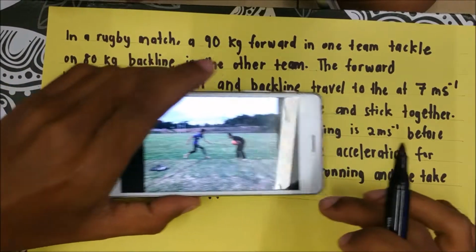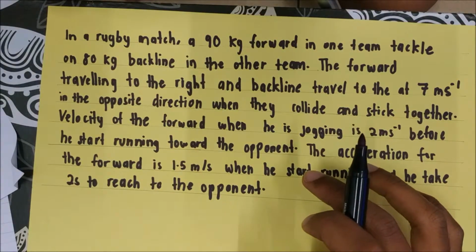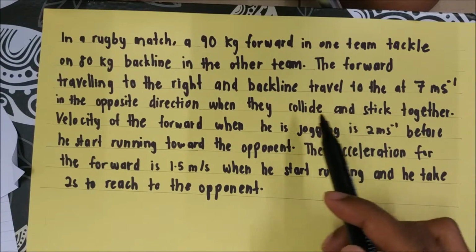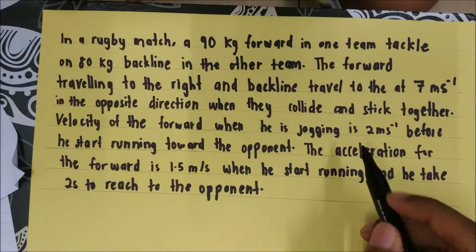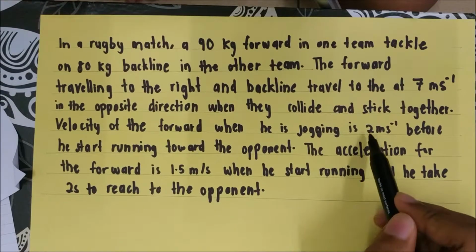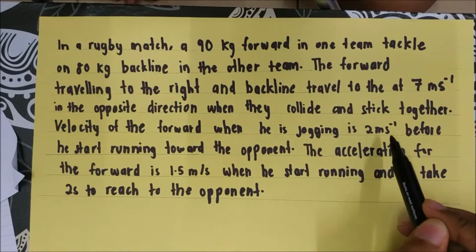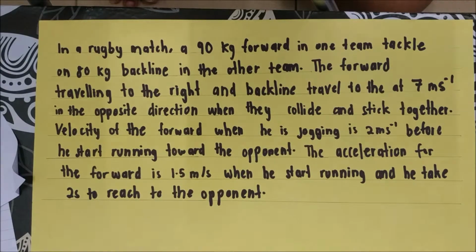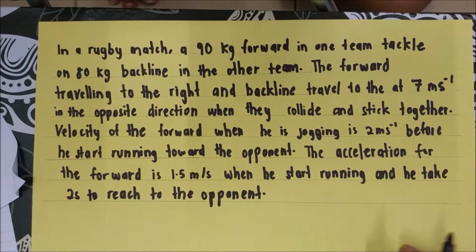First, we need to find the velocity of the forward when he starts running, because the given velocity is when he is jogging. We need to find the velocity when he runs towards the opponent.